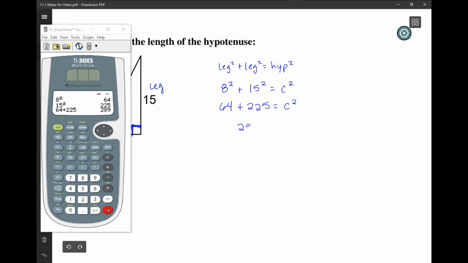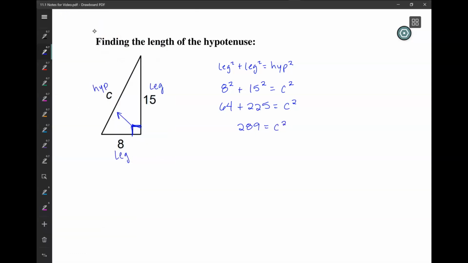So 289 equals c squared. So how do you undo a squared? How do you get rid of squared? Well, the opposite of squaring something is to take a square root. So if I want to figure out what c is, I take the square root of 289.